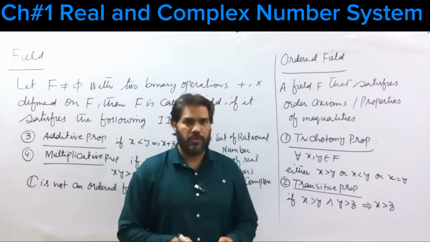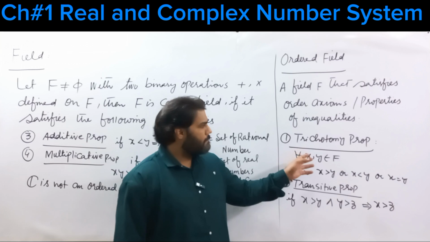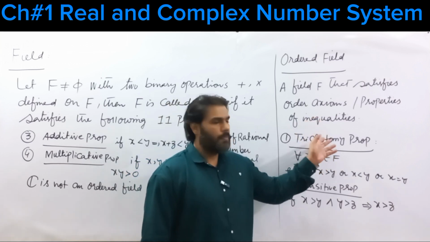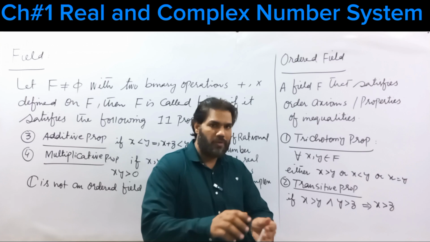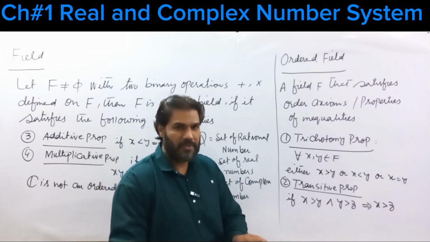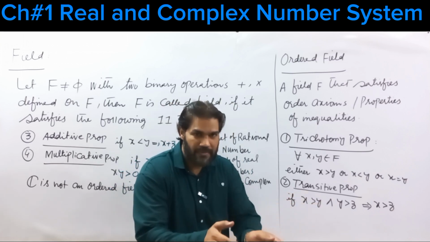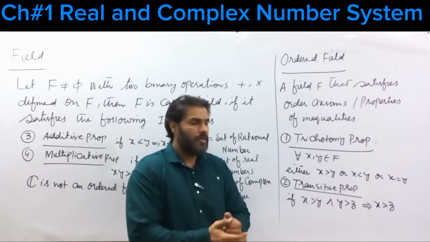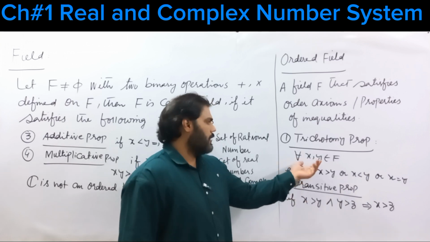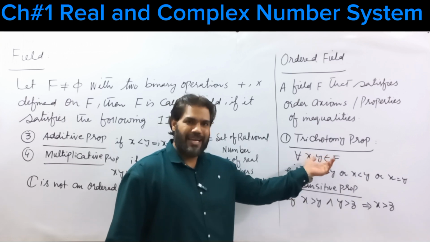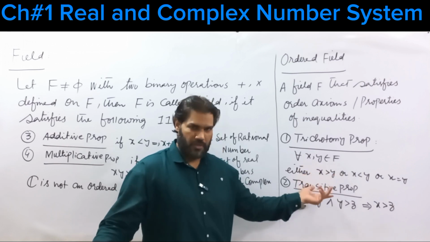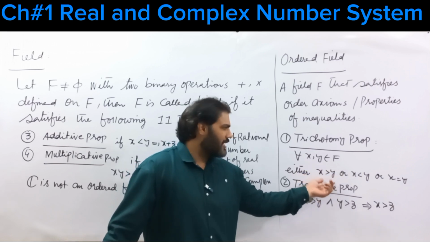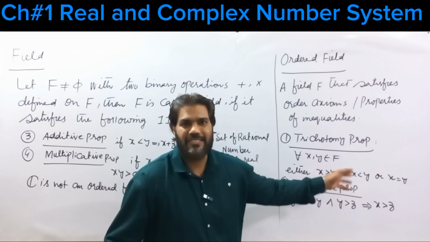Actually, if you observe, what do the properties of inequalities, or the order axioms, represent? The order axioms represent the comparison between elements of the field F. You say for any two elements x and y of F, either they are equal or they are not equal; either one is bigger than the second, or one is less than the second.